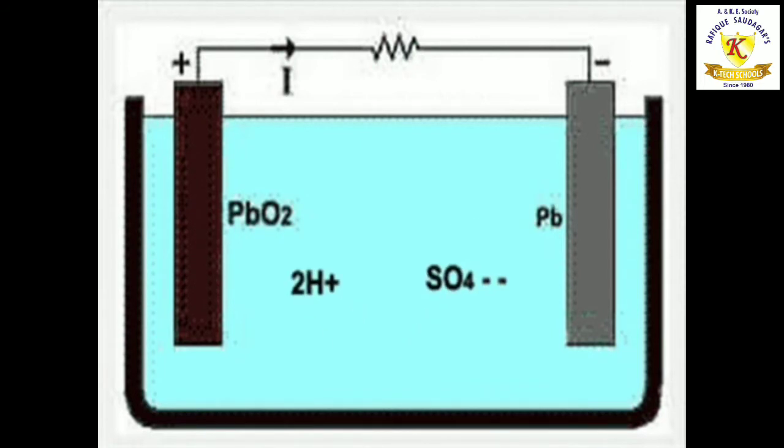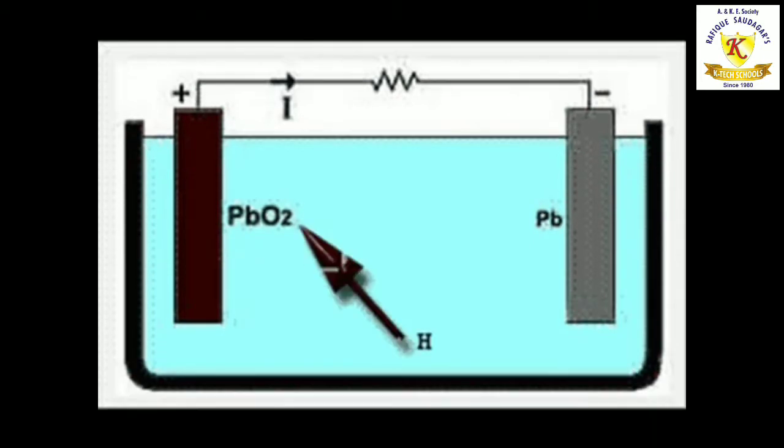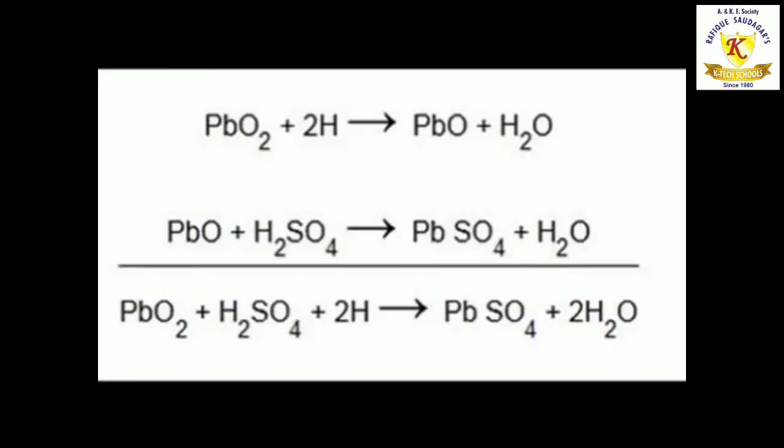The hydrogen ions, when they reach the lead peroxide plate, receive electrons from it and become hydrogen atoms, which again attack the lead peroxide and form lead oxide and water. This lead oxide reacts with sulfuric acid and forms lead sulfate and water. Are you getting me, children?